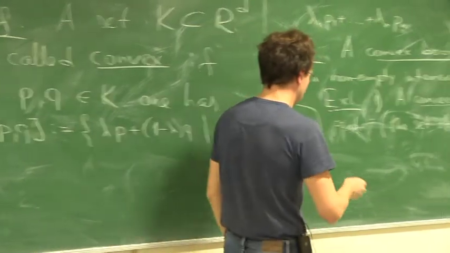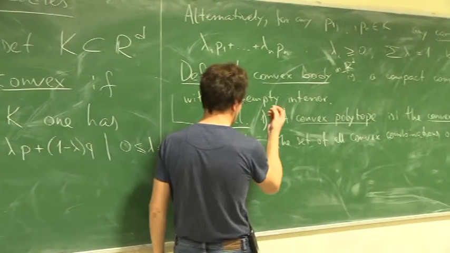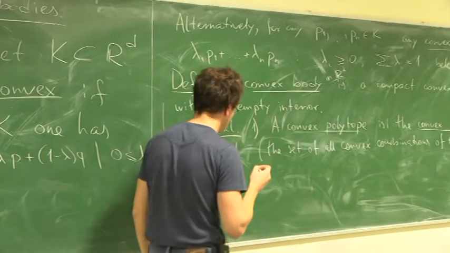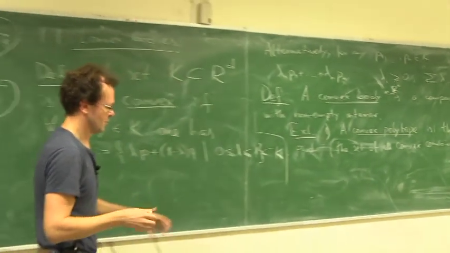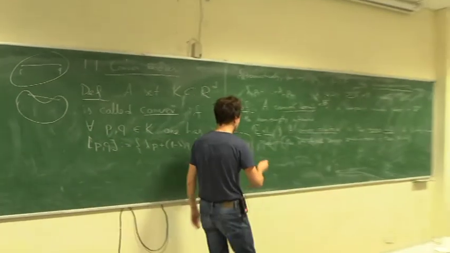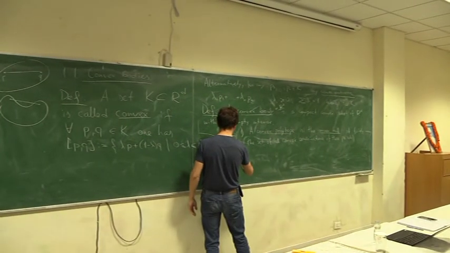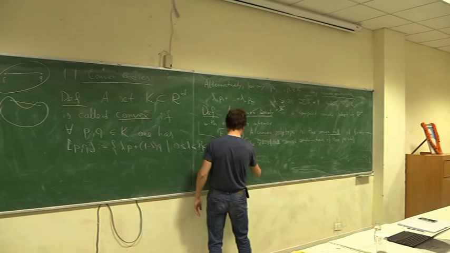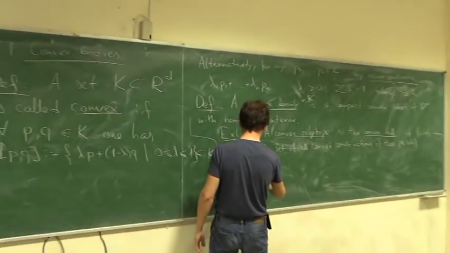But there is an alternative way to see these polyhedral objects like the cube and the tetrahedron, and this is by looking at them as convex polyhedra.